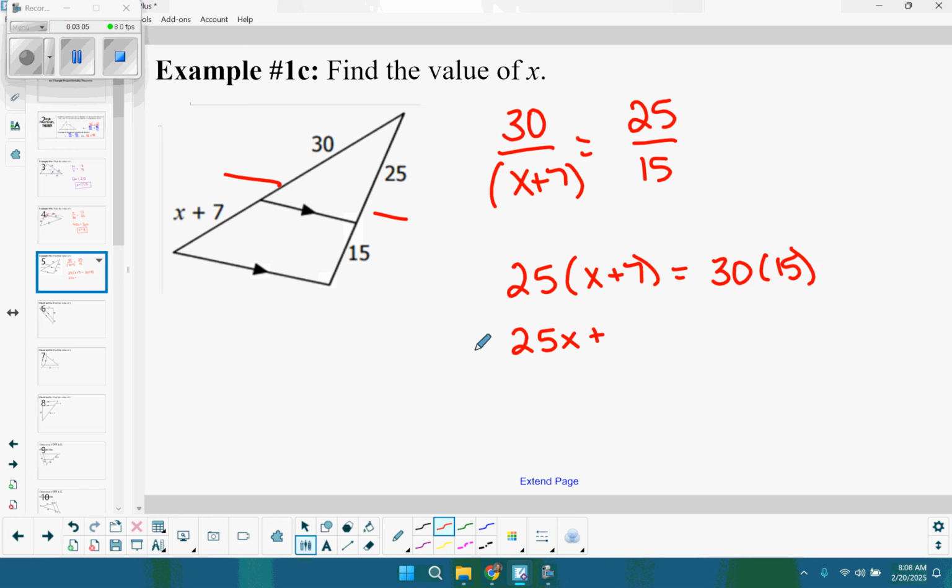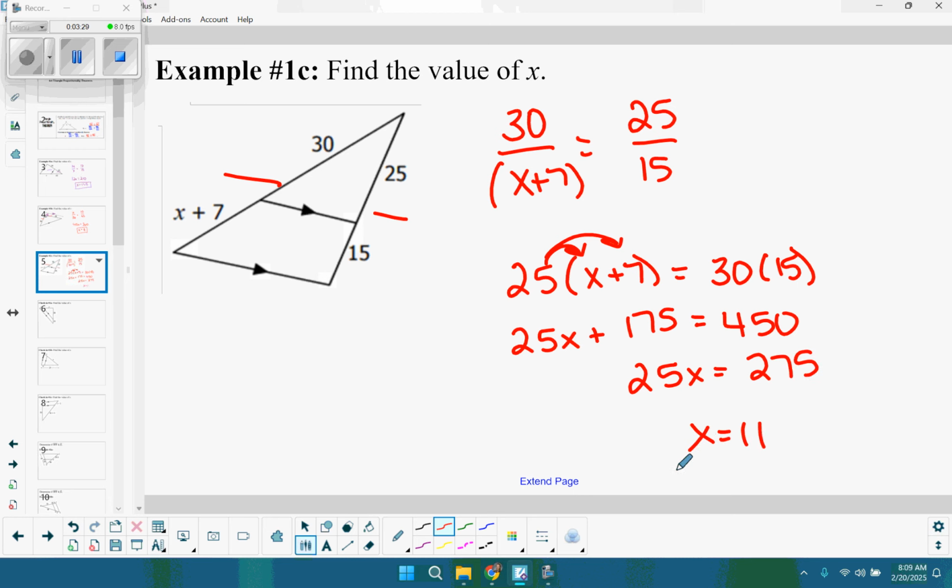So that'll be, when we distribute, 25 times x is 25x, and then 25 times 7 is 175. And then our 30 times 15 is 450. Let's minus 175 from both sides. So 25x equals 275. And now when we divide by 25, we get x equals 11.